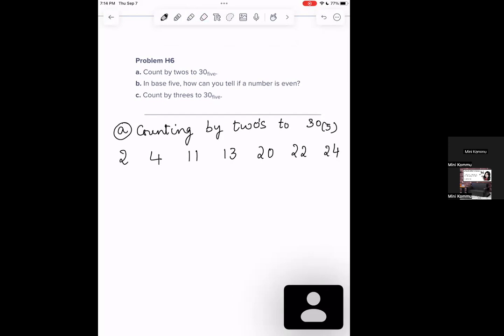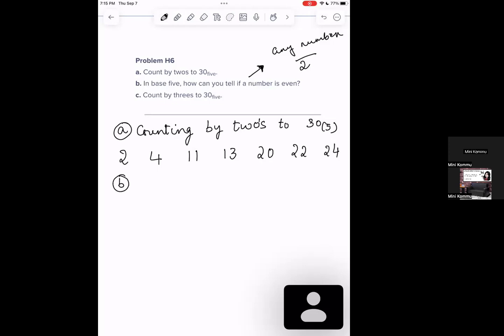All right. Now in base 5, how can you tell a number is even? Please remember from your base 10 properties that any number that ends with an even digit, or any number that is divisible by 2, is called an even number in the normal base 10 system. But in base 5, it is not as simple.